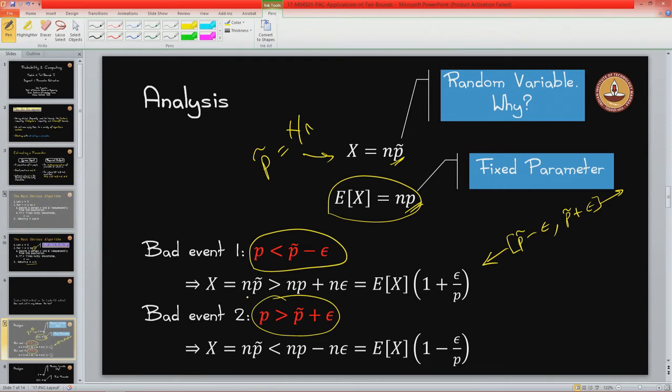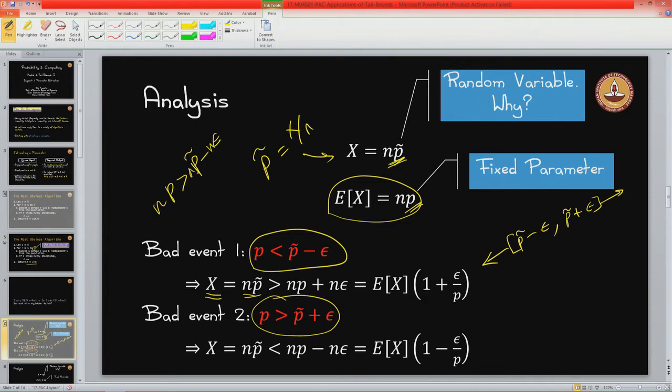Well, let us start with x. X we know is n p tilde. Another way of getting this, you just take this inequality, p greater than p tilde minus epsilon, and you multiply throughout by n.